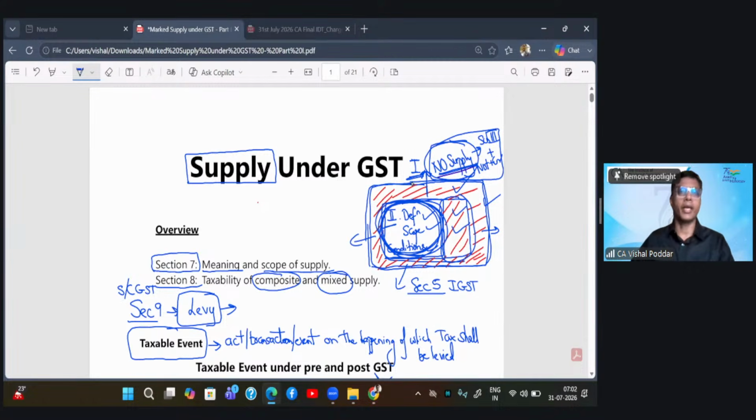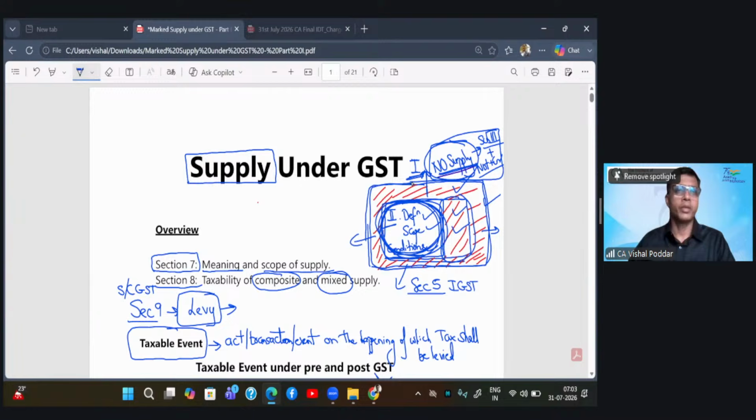So this is our exclusion list, our negative list of supply. These are listed out in Schedule 3 of the CGST Act, SGST Act. Plus there are some notifications and circulars which also provide for what will be regarded as not a supply.